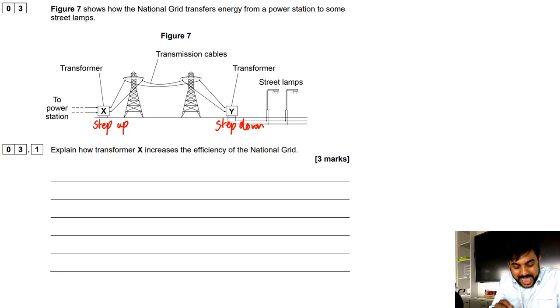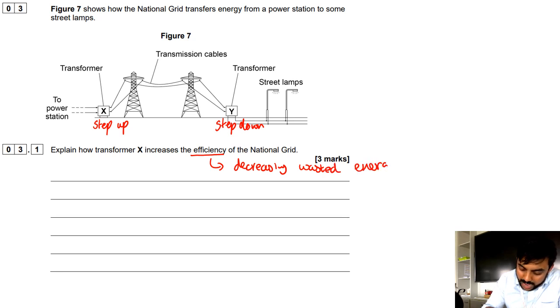Explain how transformer X increases the efficiency. Well, increasing efficiency means decreasing wasted energy. So how does transformer X help less energy be wasted?